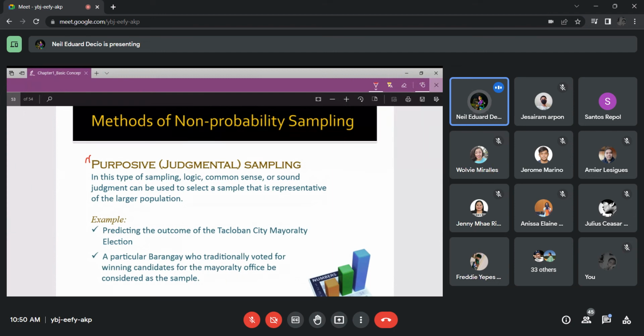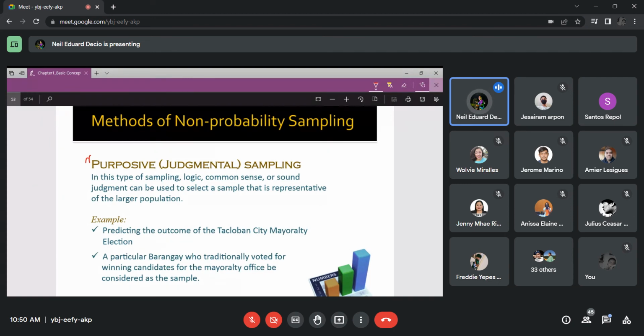So, you are going to, di ba, mag-group naman kayo. You're going to submit to me the members of your group. Okay? And I'll be posting there kung sino yung mauuna mag-present. Ha?